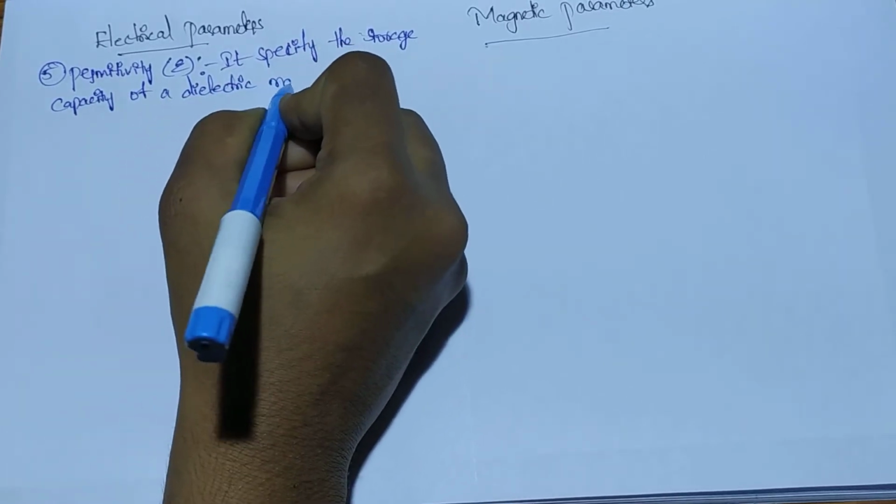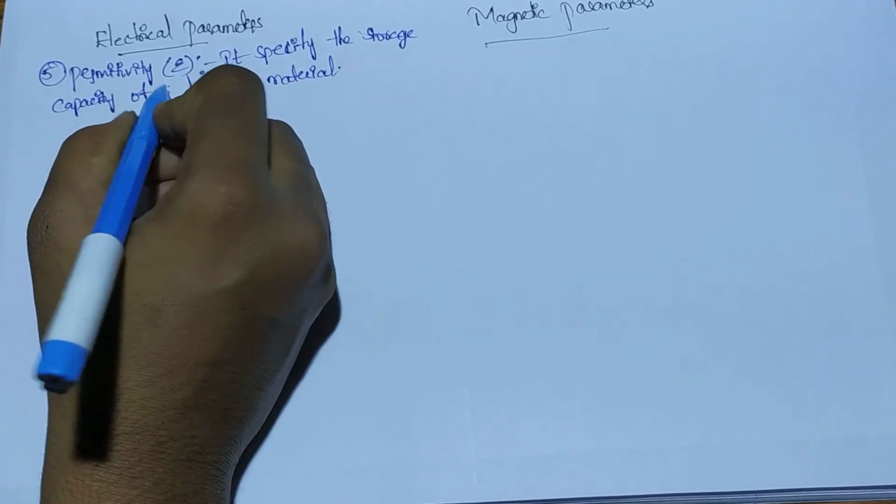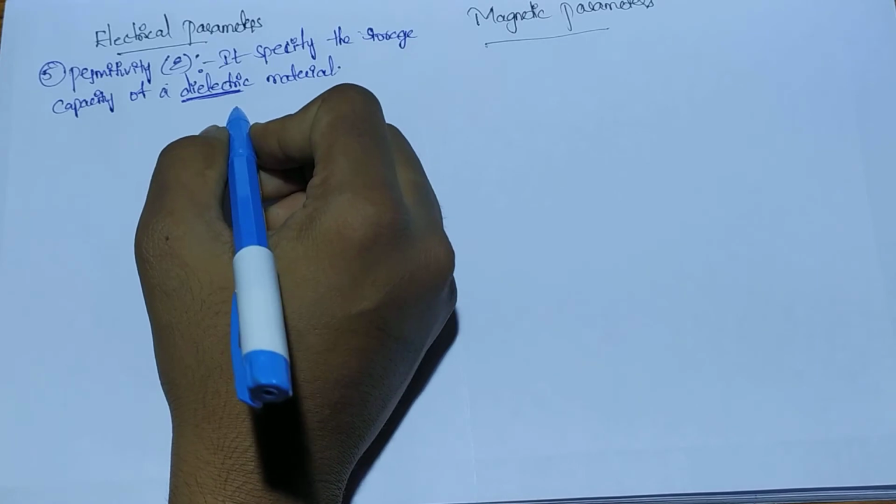A dielectric material is a material which can store electrical energy. Examples of dielectric materials are capacitors and vacuum.